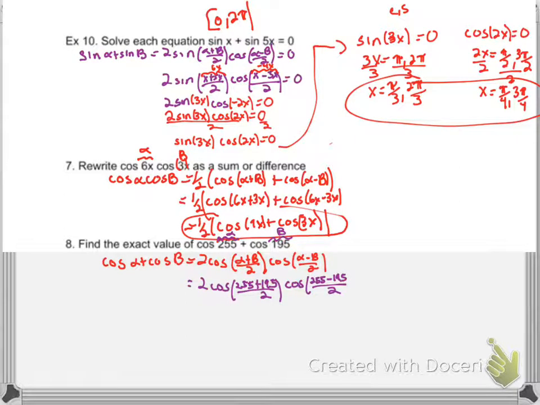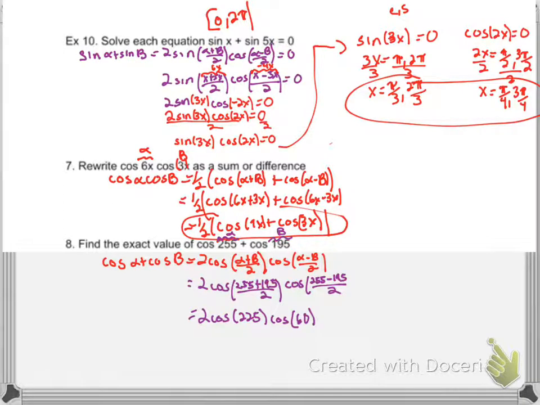So when you put in 255, let me get my little cell phone calculator up. 255 plus 195 gives me 450. Dividing that by 2 gives me 225. So I have 2 cosine of 225 times cosine of 255 minus 195, which equals 60.